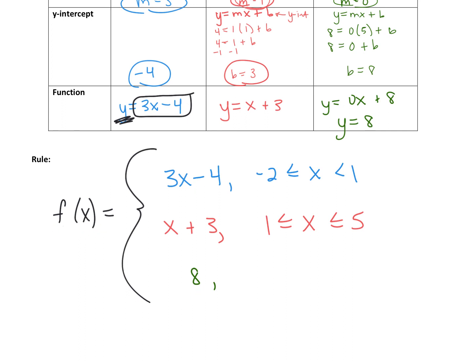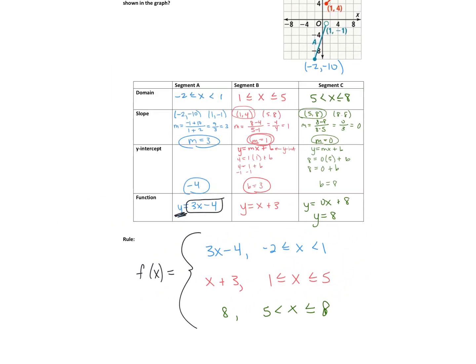And then the domain for that segment is 5 is less than x, which is less than or equal to 8. So we basically wrote a rule for each segment and included the domain for that segment. And this is what a piecewise defined function looks like when you write it out from the given graph.